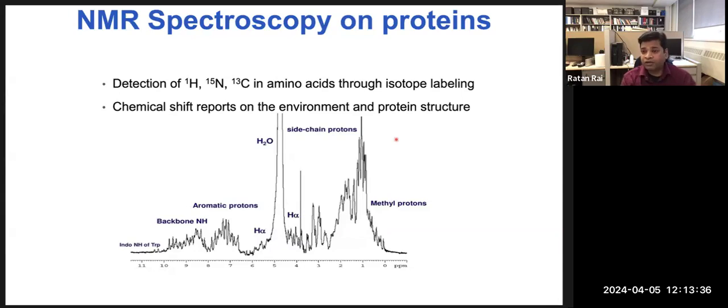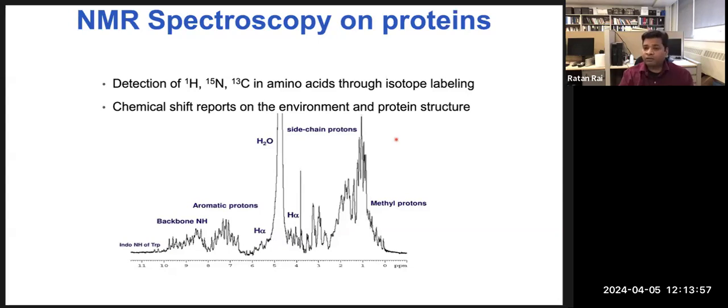Similarly, nitrogen 14 is a spin 1 nucleus, so it's very difficult to get a signal in NMR. But if we label that protein with 15N, then we can detect signal from the protein. So if we are looking for protein analysis, then we need to label it.